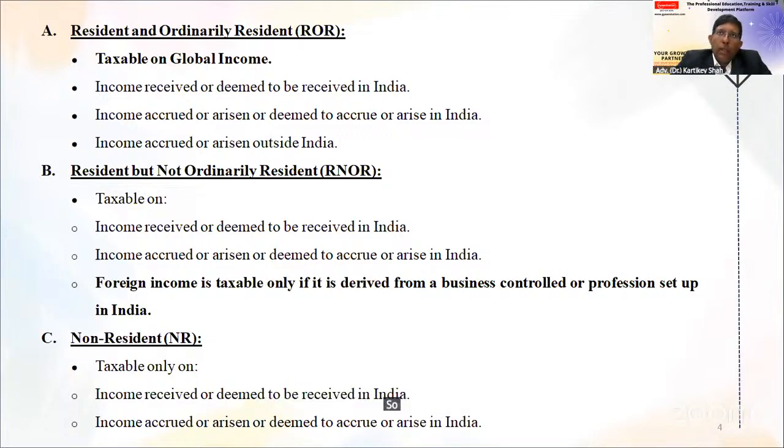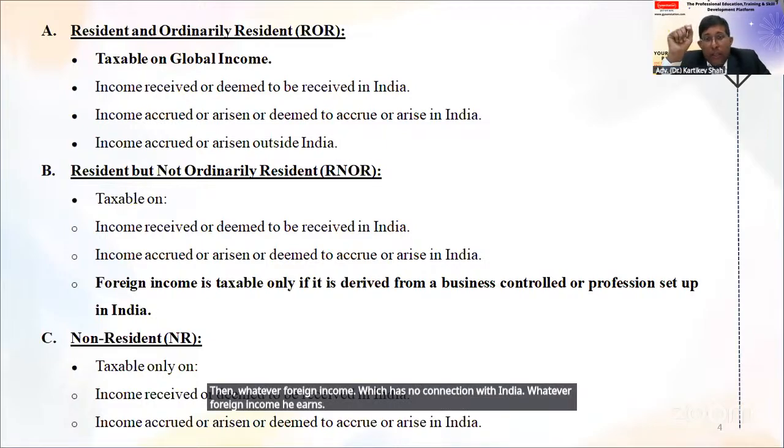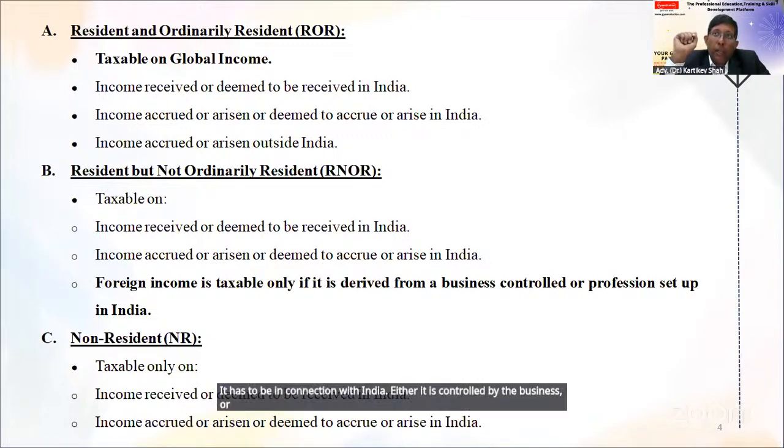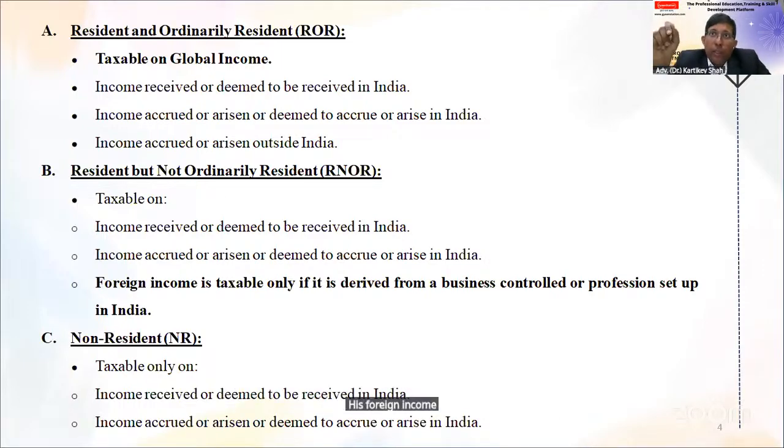So if the person is not ordinary resident, then whatever foreign income he earns has to be in connection with India, meaning it is either controlled by a business or profession set up in India. Otherwise, his foreign income is not taxable if it has no connection with India. So that is the difference between ordinary resident and not ordinary resident.